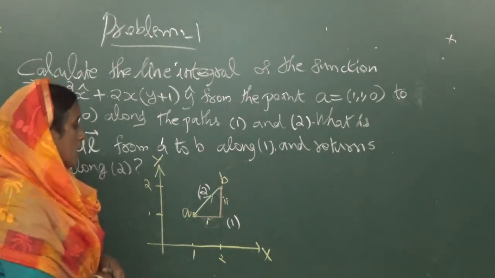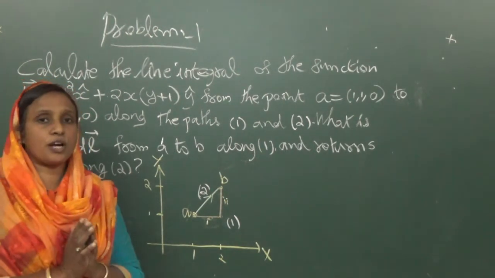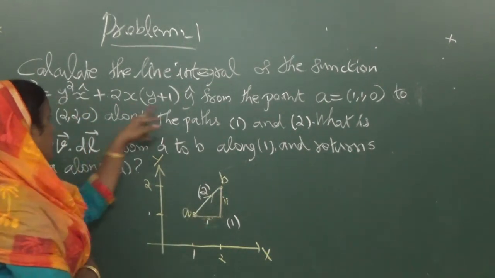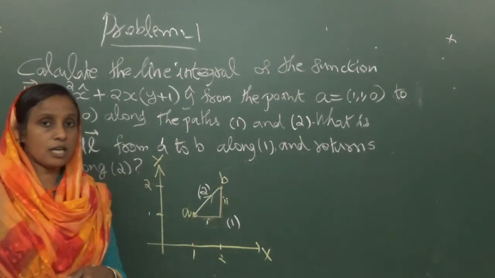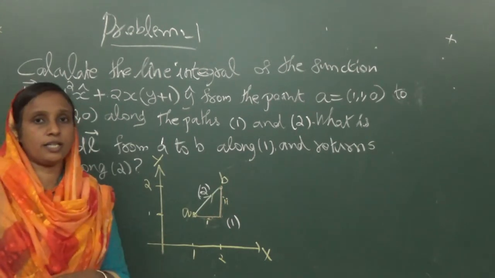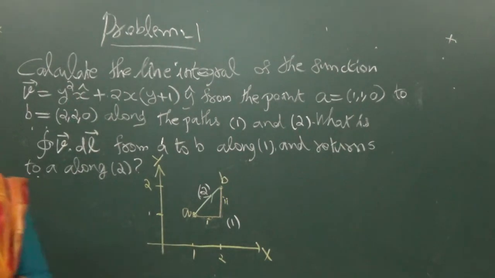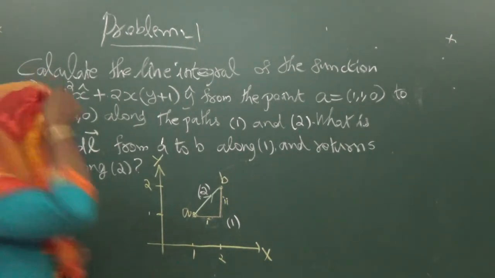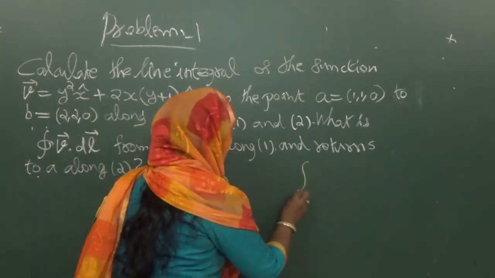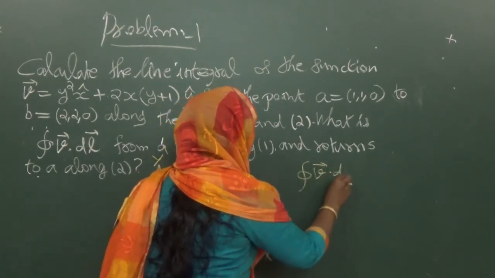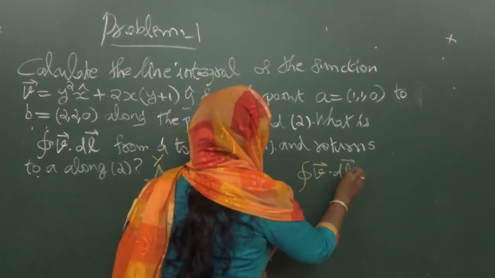Now we want to find out the integral v dot dl. V is given here. Integral v dot dl along a closed path. So I can write here, you want to find out the integral v dot dl.